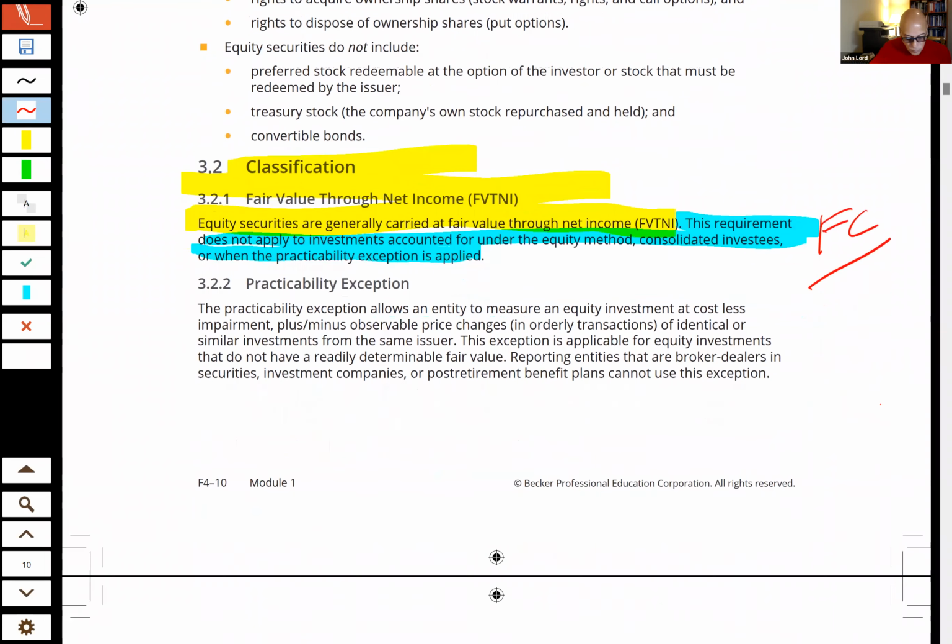You'll see that this is pretty easy. All we need to do is look to see, well, we own 10%, so we're using the fair value through net income method. The investee paid a dividend of 10 million and had retained earnings of 8 million.